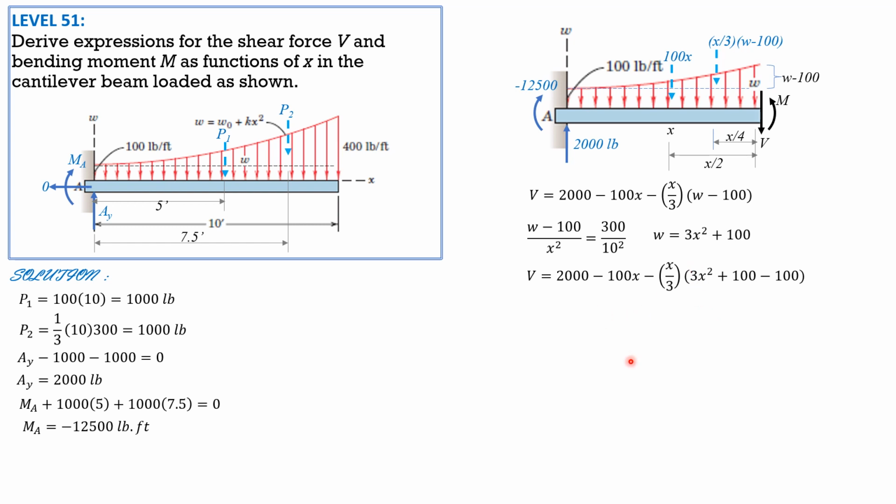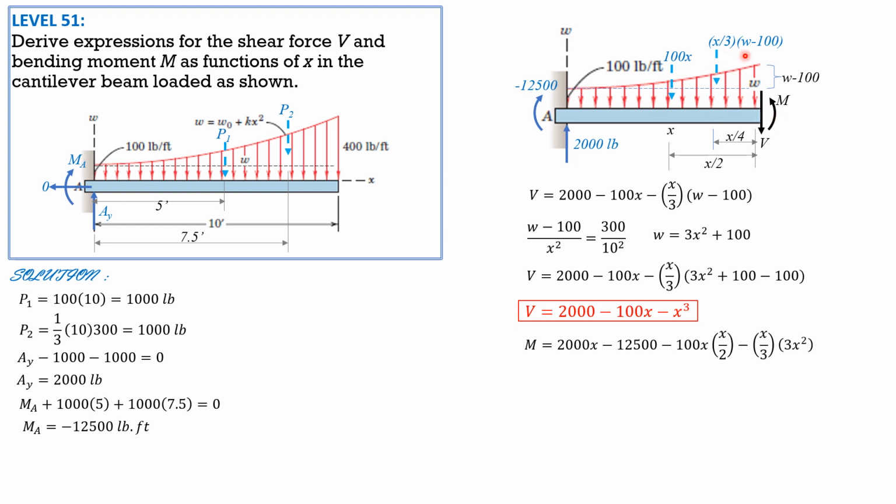So therefore the shear equation in this section is 2000 minus 100x minus x cubed, and that is in pounds. Then for moment equals 2000 times x plus negative 12,500 minus 100x times x over 2 minus x over 3 times 3x squared times x over 4. x over 3 times 3x squared, because w minus 100 is just this one, 3x squared, and the moment arm is x over 4.